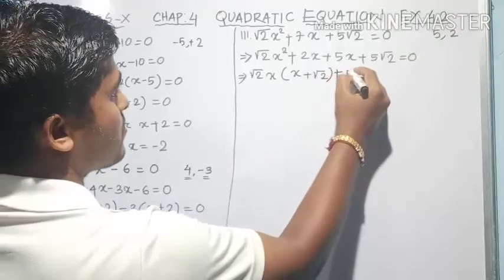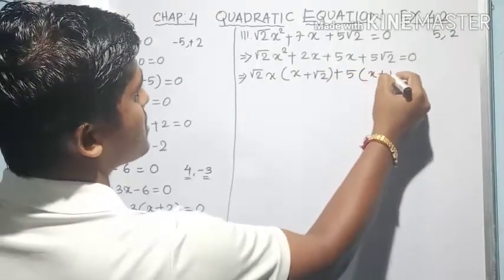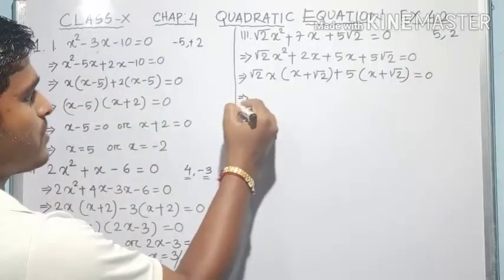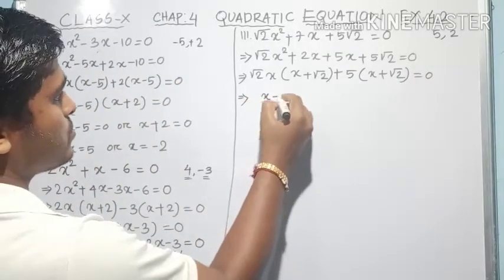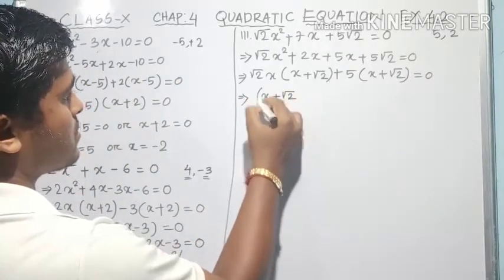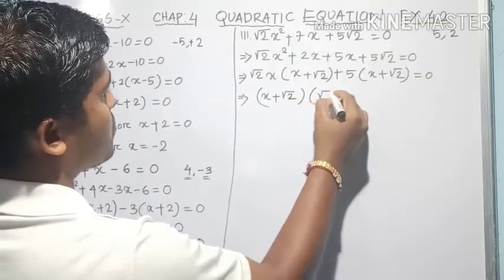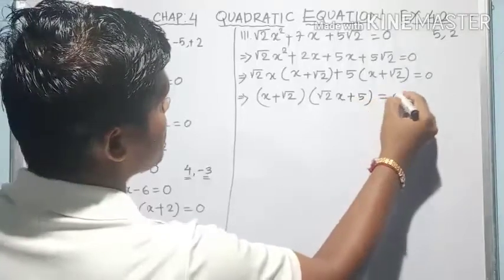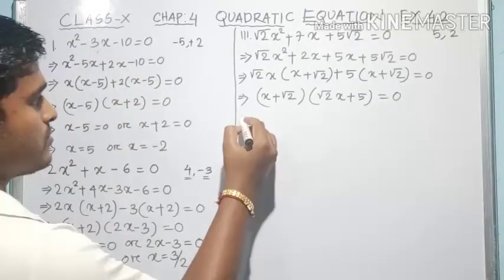And if you take 5 common, here it will be x plus root 2 is equal to 0. This implies that x plus root 2 will be common. Then root 2x plus 5 is equal to 0.